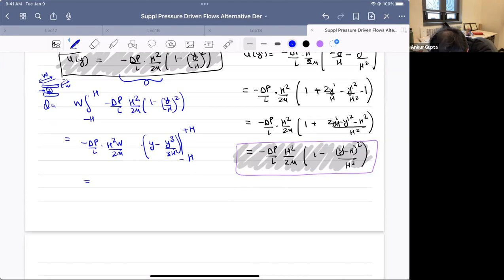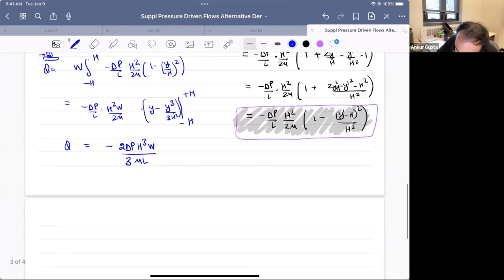So total is 2 by 3. So it's minus 2 delta p h cube W by mu L as my flow rate. Okay, so this is what I get, 2 by 3. This is my flow rate.